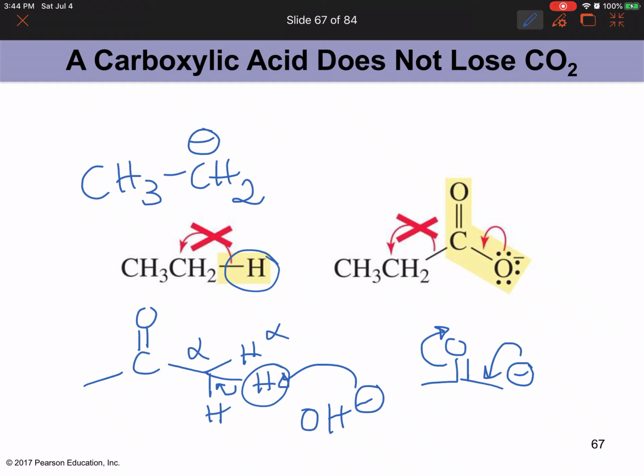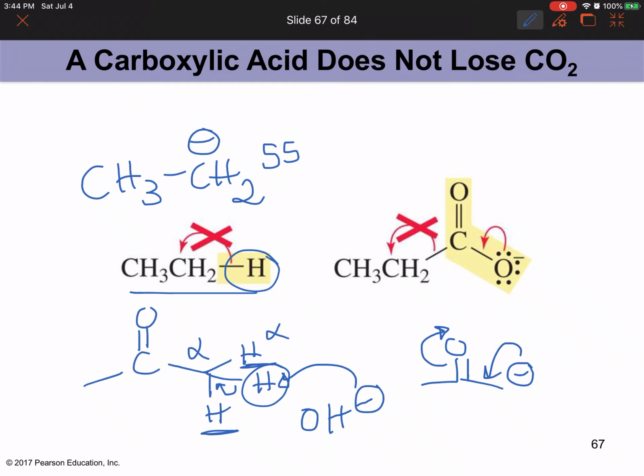Meaning it's hard to remove the hydrogen from an alkane. And the pKa is also about 55. The lower the pKa, the more acidic, so it's easy to lose a proton. Now these hydrogens have a pKa of around 15 or so, but this is about 55, so there is a big difference.